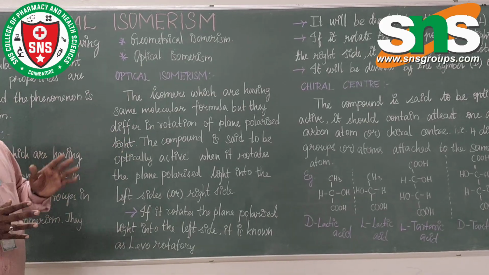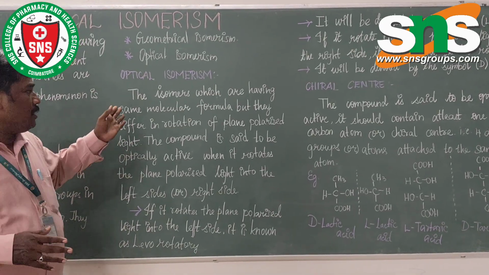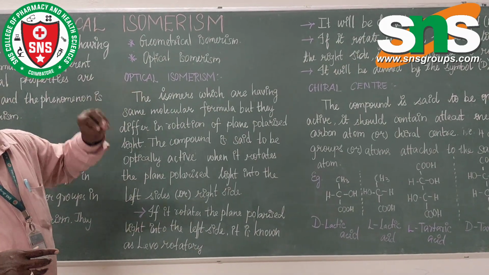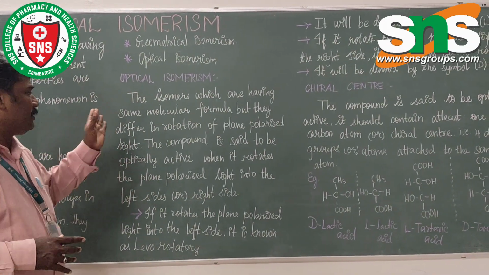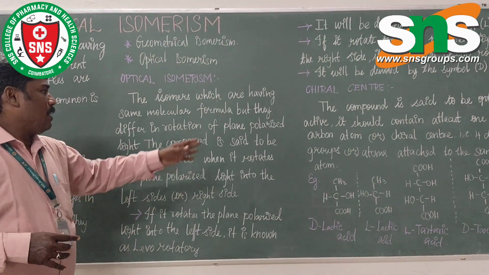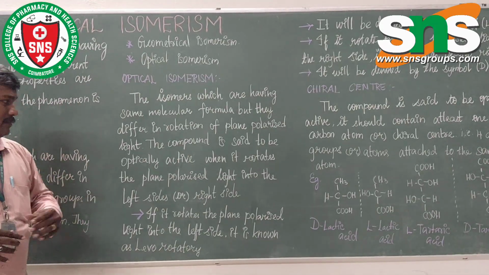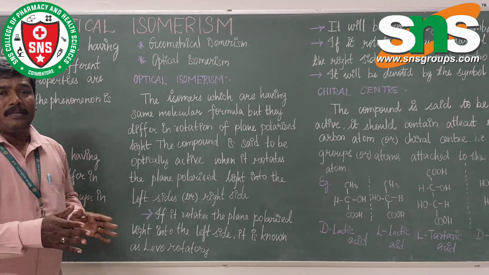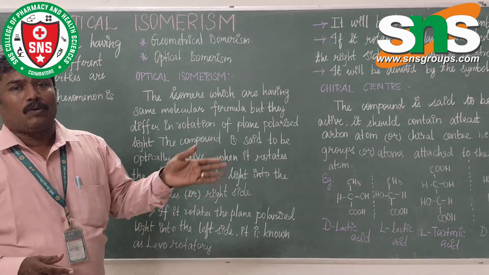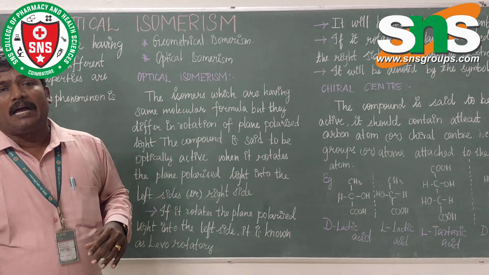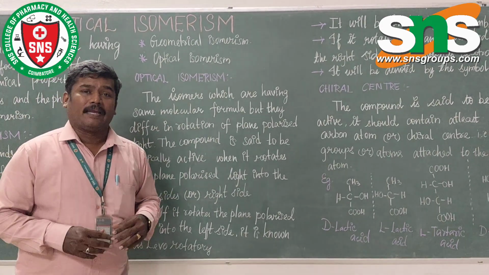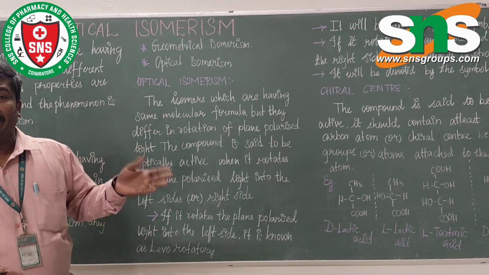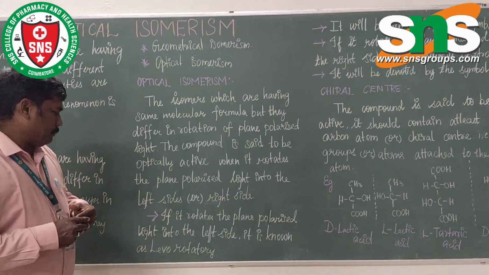We have already discussed isomers. They have the same molecular formula, but these optical isomers differ in the rotation of plane polarized light. Then the compound is known as optically active. Normally the plane polarized light will be rotated to the left hand side or right hand side, or in other words, in clockwise or anti-clockwise direction.